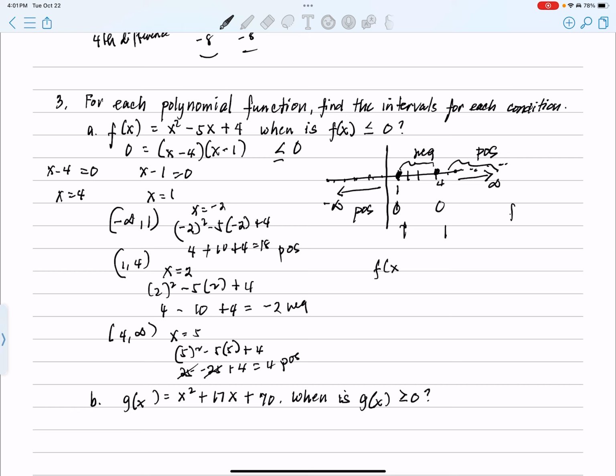If I choose the positive side, 4 to positive infinity or negative infinity to 1, it is greater than 0. Right? These are greater than 0, so we cannot choose that. We can choose this interval from here. So what would be our interval? On the interval of what?